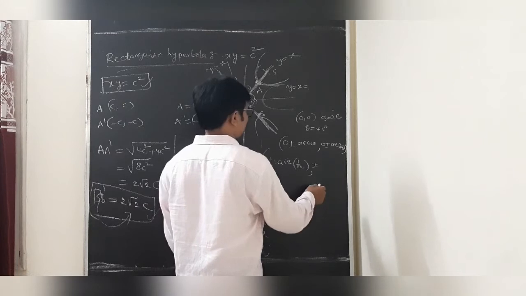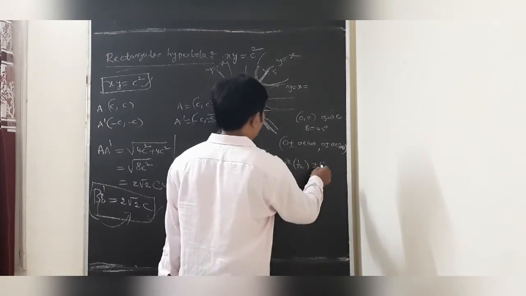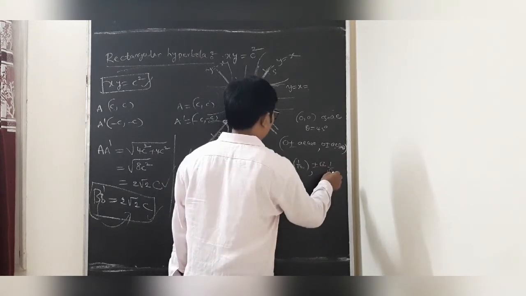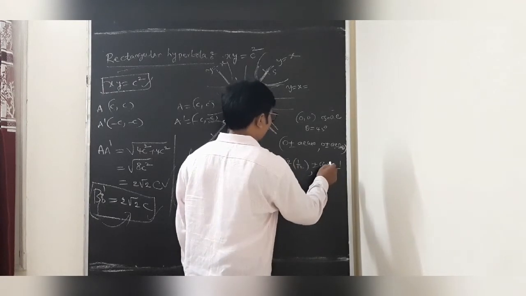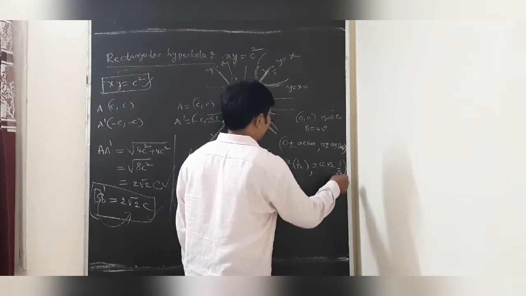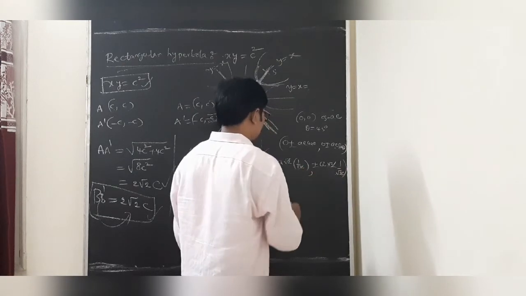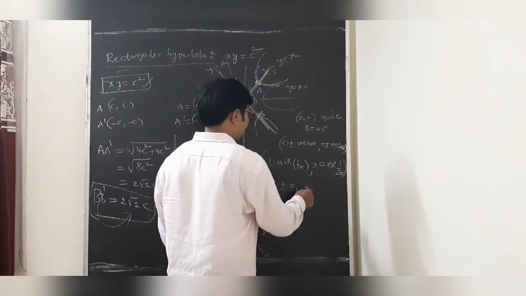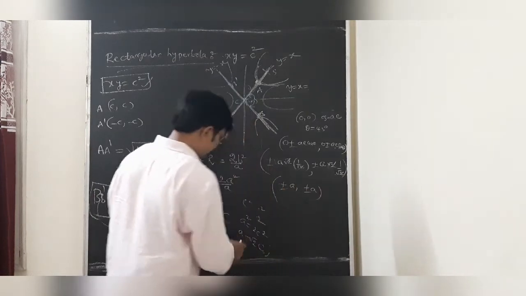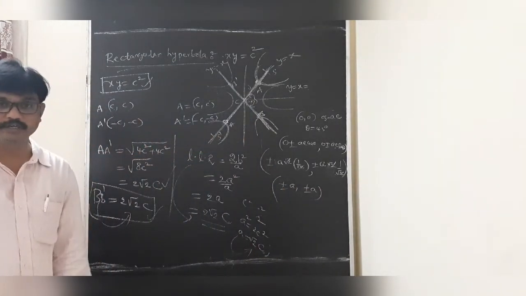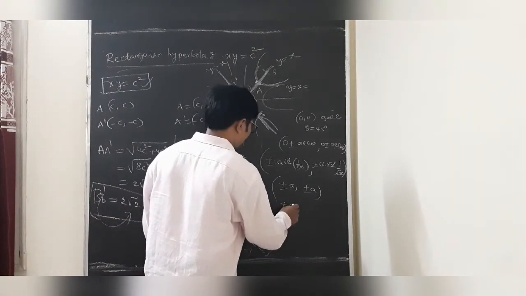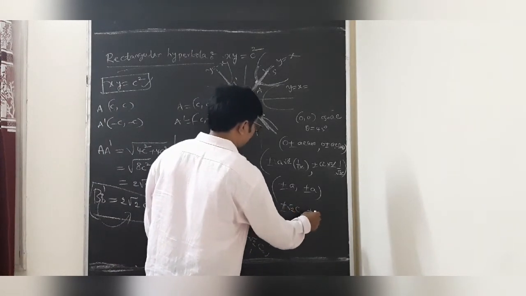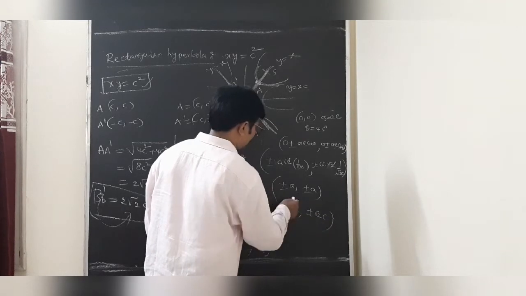Similarly, a into root 2 into sin 45, and sin 45 is also 1 by root 2. So it is plus or minus a, comma plus or minus a. And a is root 2 c, so we can write plus or minus root 2 c, plus or minus root 2 c.